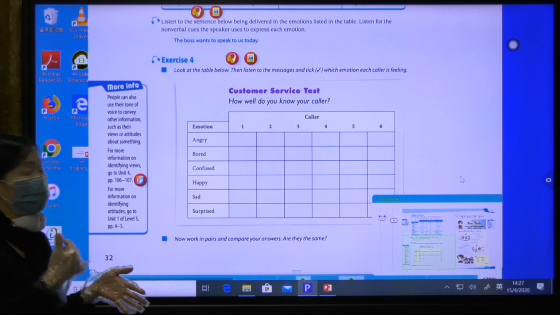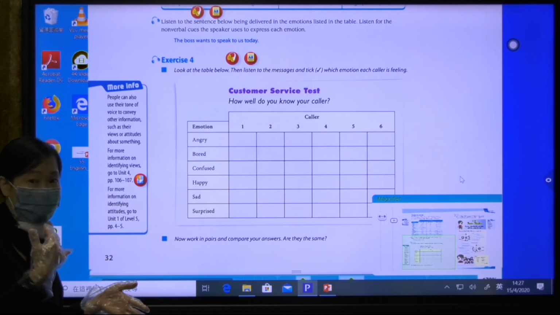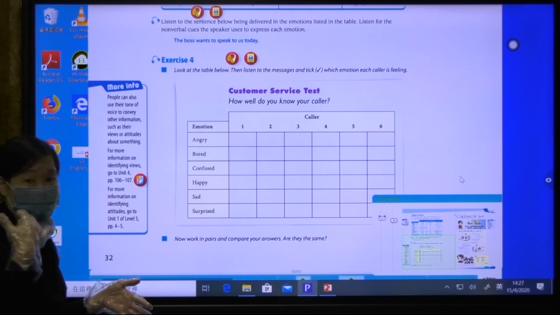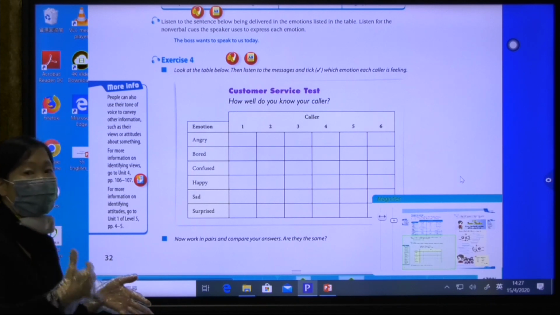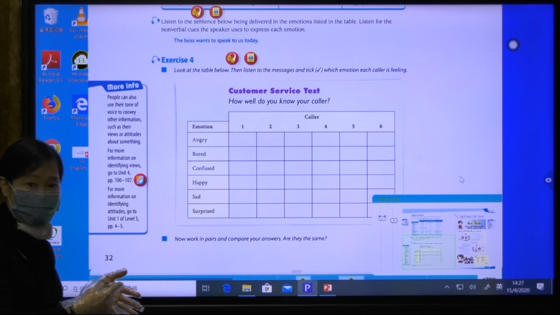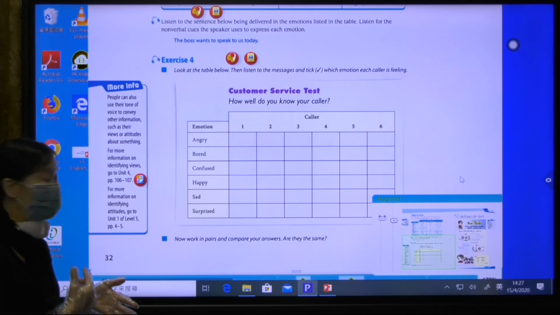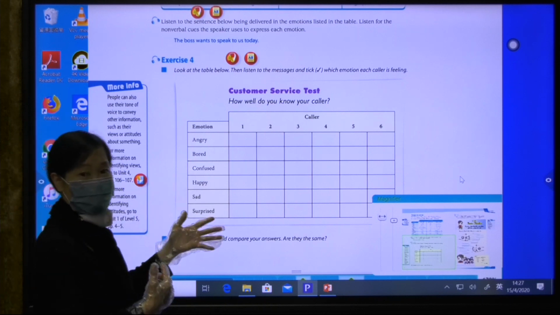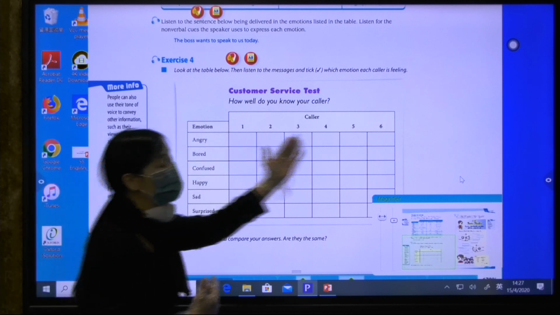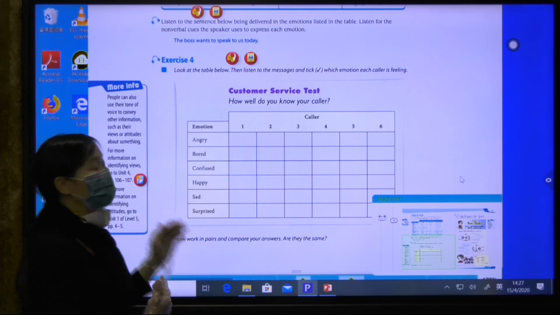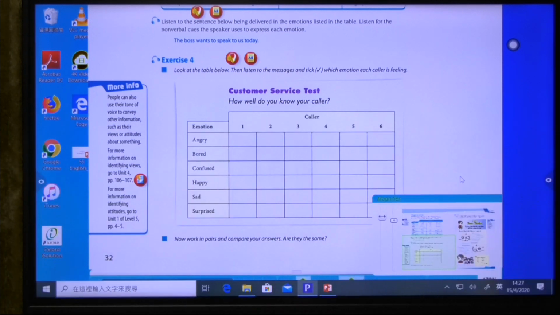For example, you are responsible for taking telephone calls, or part of your duties is to answer telephone calls. Then the company may want to test whether you are able to tell the emotion of the customer, of these six callers. So they will test you. A very quick look at the situation.